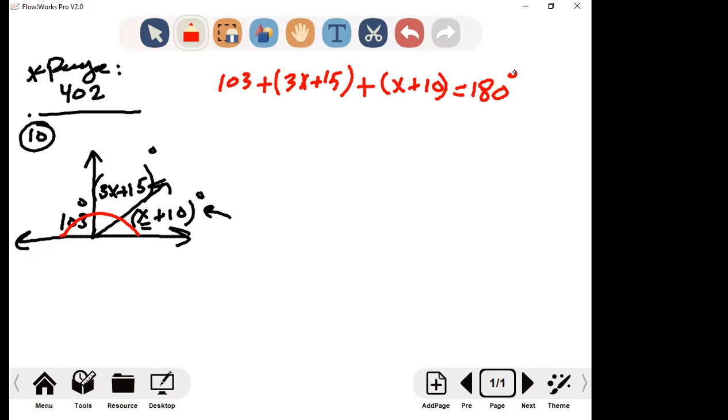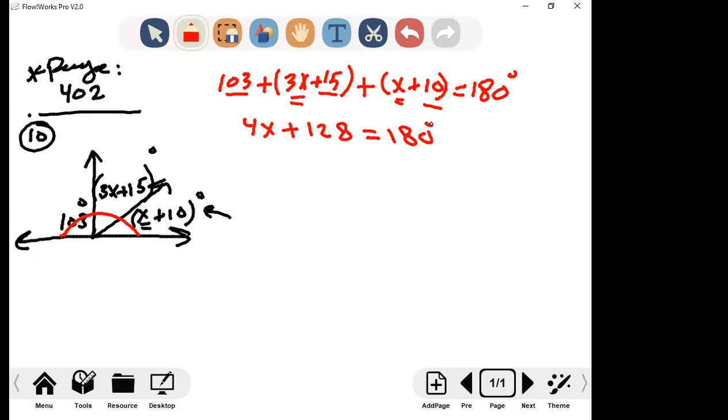Why? Because the 3 angles are on a straight line. Now combine the like terms together. 3x plus x, 4x. Now the numbers together, 103 with 15 with 10, 128. So 4x plus 128 equals 180 degrees.